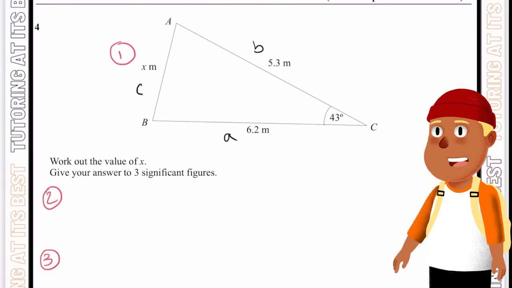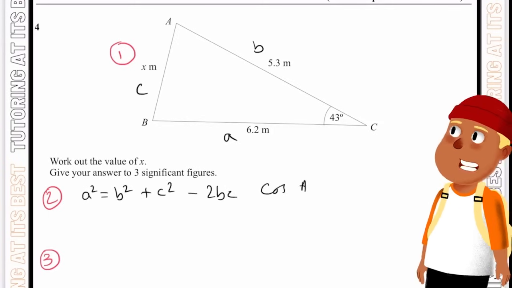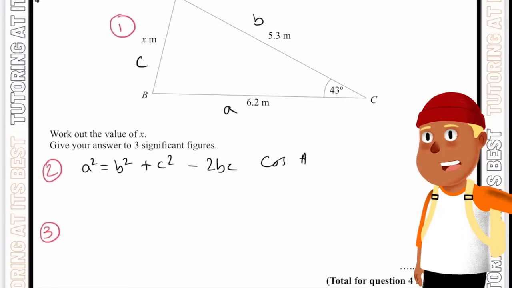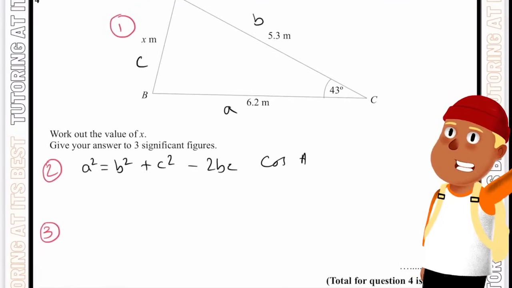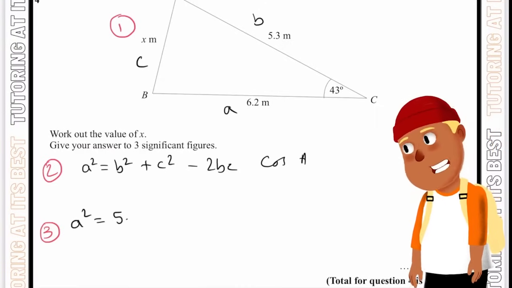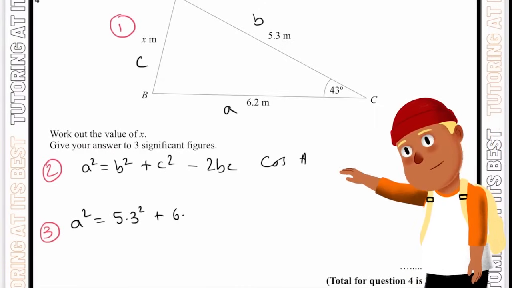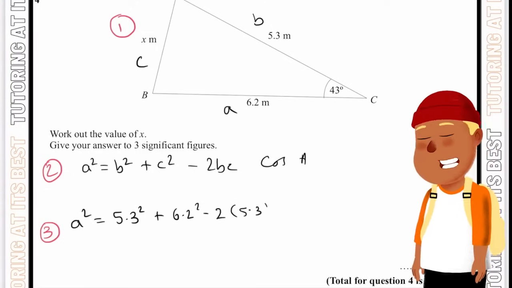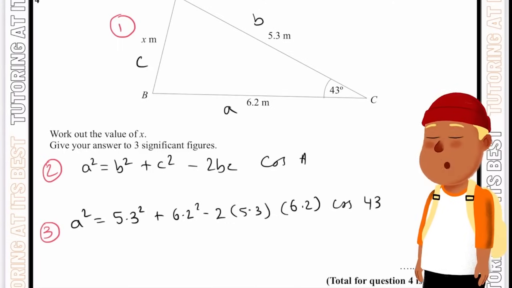We've got A, B, and C. We then go ahead and get our formula, which is going to be A squared equals B squared plus C squared minus 2BC cos A. And then step 3, which is to substitute all of the values in. So then we'll have A squared equals 5.3 squared plus 6.2 squared minus 2BC cos 43.